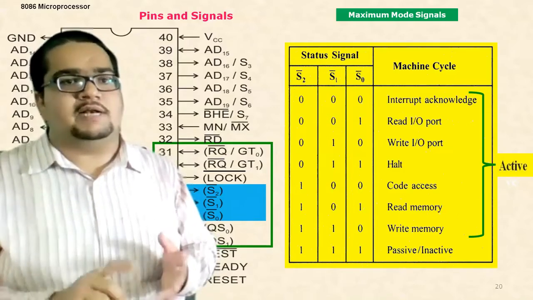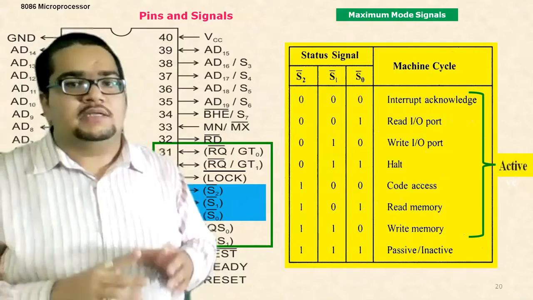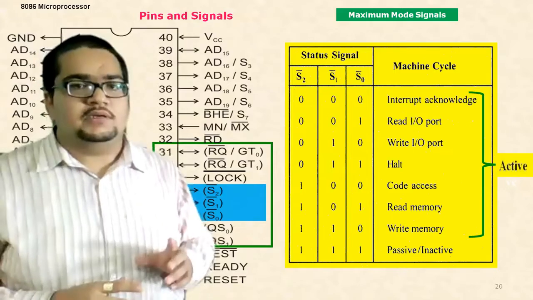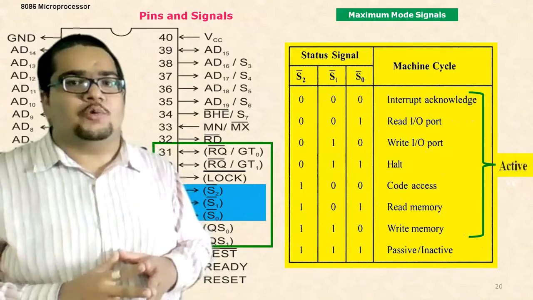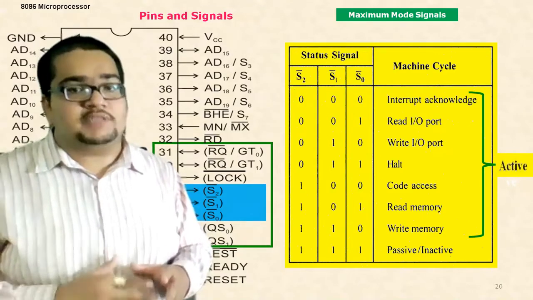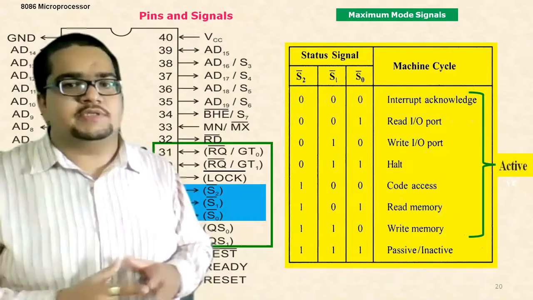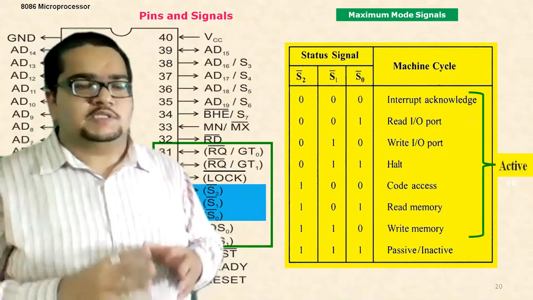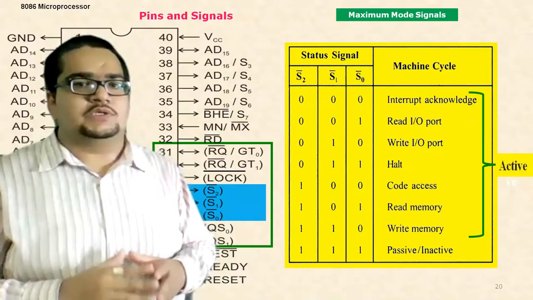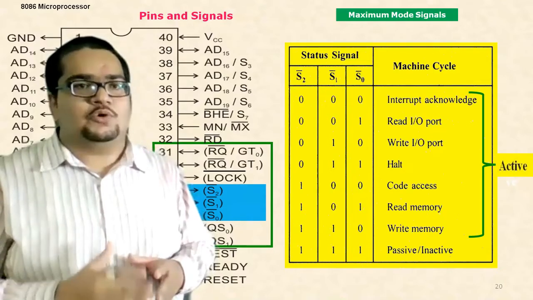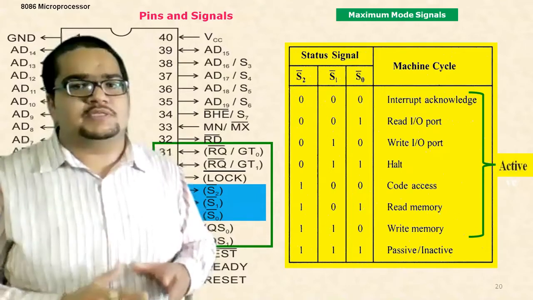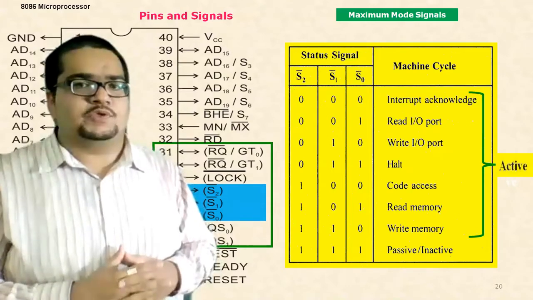So all these four, memory read, memory write, IO read and IO write, are available in the form of the status combinations: 001 is read IO port, 010 is write IO port, 101 is read memory, and 110 is write memory. So these four are done.